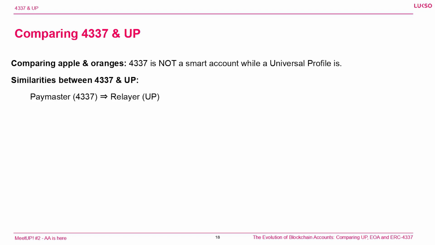There are similarities between the UP and 4337. For example, there is this concept of Paymaster on 4337 that we have integrated as a relayer at the UP level. So we have an entity that is subsidizing the transaction fees. Those transaction fees will be paid by a Paymaster, or for us at the UP at LUKSO, they will be paid by the relayer.